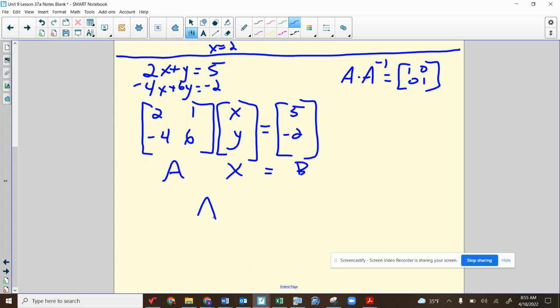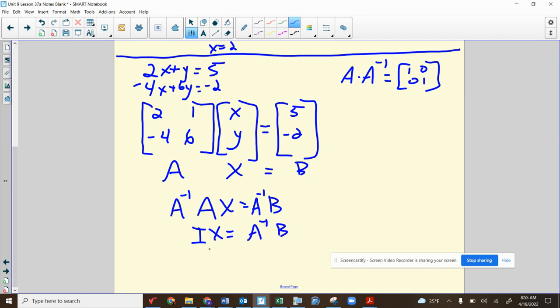So if I have AX is equal to B, and I multiply this side by the inverse, which means I need to do the same thing on the other side. Now notice the placement that I put in there. These two have to be right next to each other, and I can't stick it in between. Because I wrote it in the front, I'm going to write this one in the front too. These two things multiplied together give you the identity matrix.